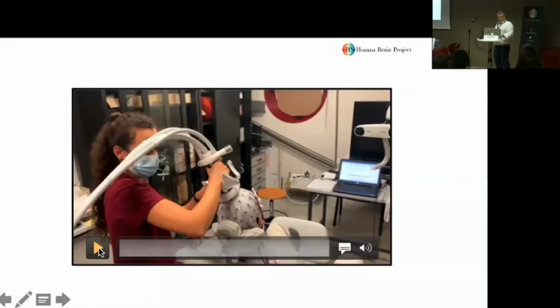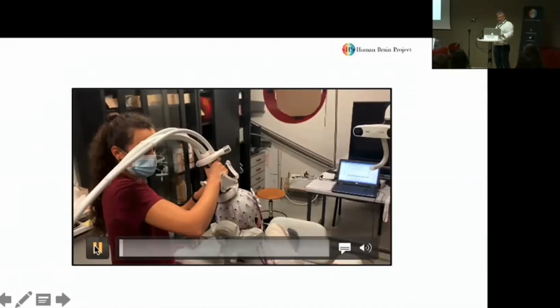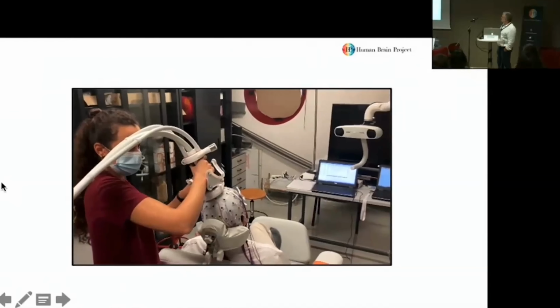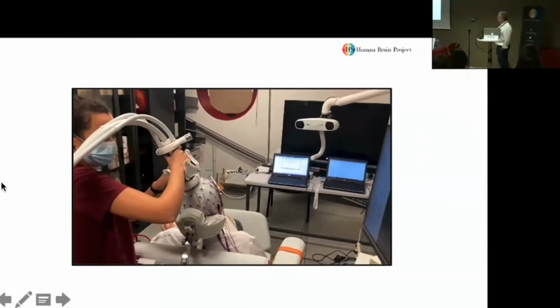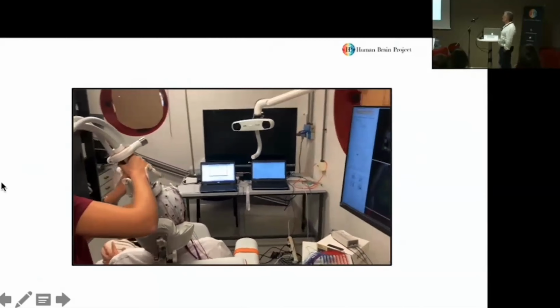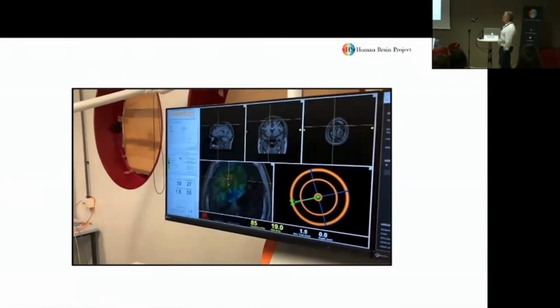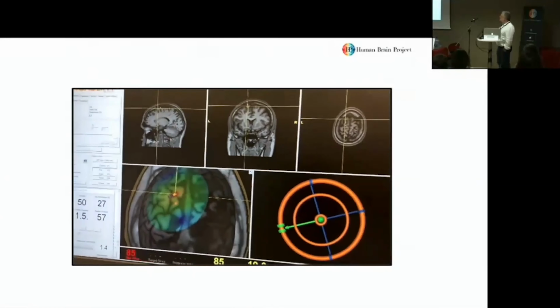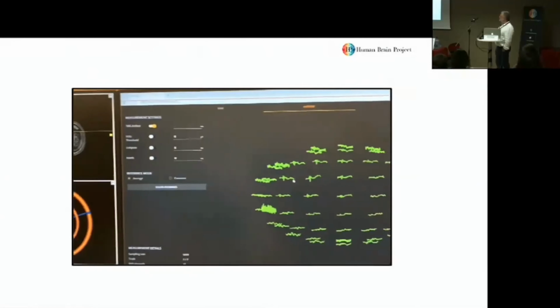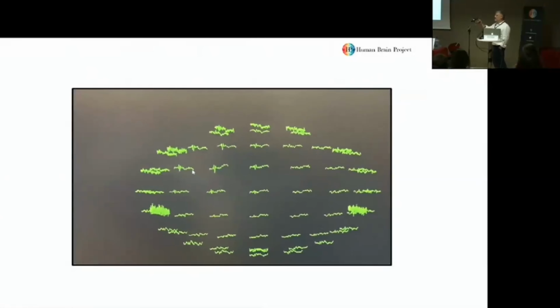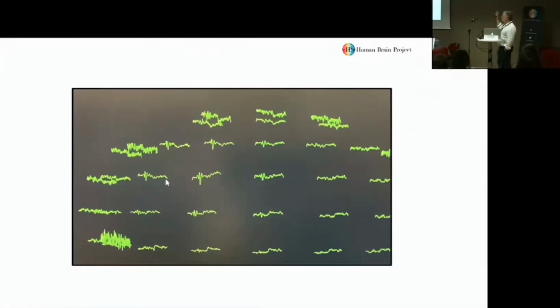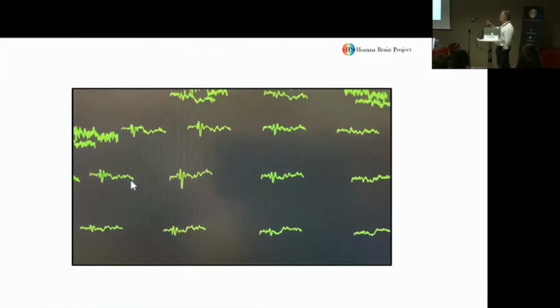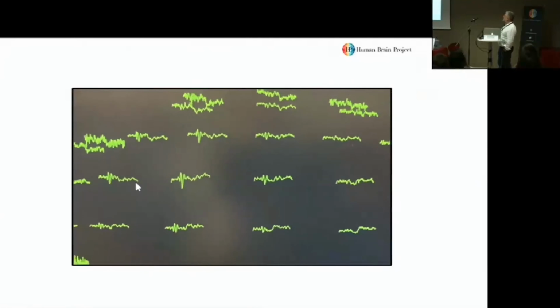This is our lab today, and this TMS coil, figure of 8 for the aficionados. This is a neuronavigation system that allows to target a cortical spot and keep it constant during the experimental session.